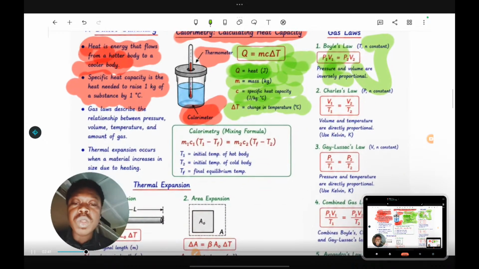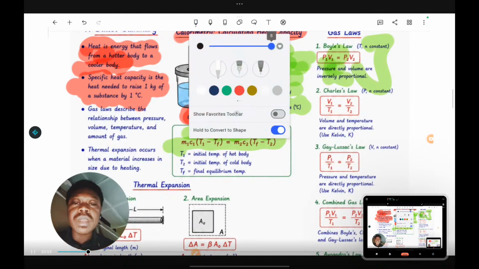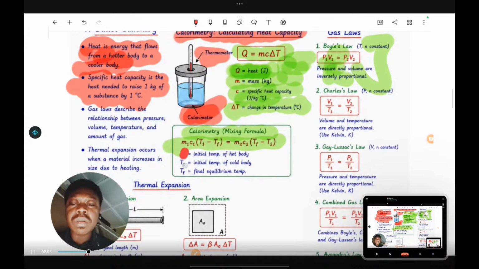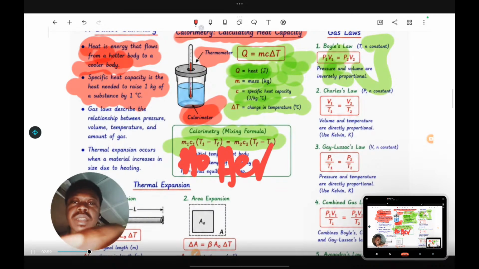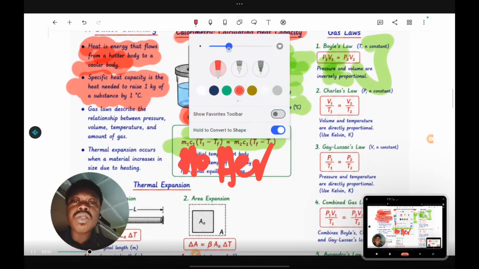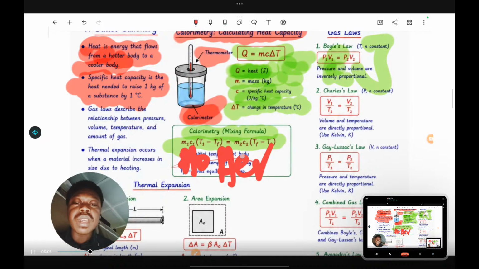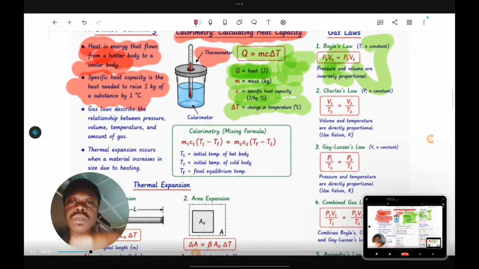Alright, so with this, you should know that for calorimeter mixing formula, this is how your formula will look like. Okay, now observe, you have the part that is coming from the hotter substance. Then we also have the part that is coming from the colder substance or the cooler substance.